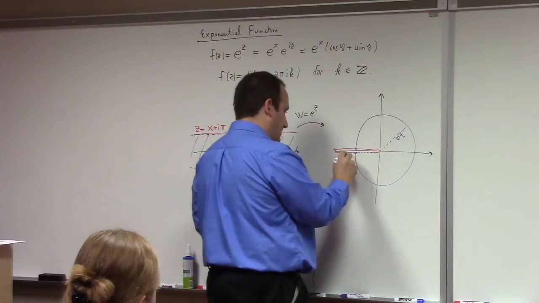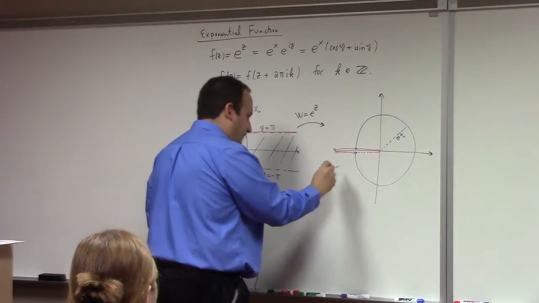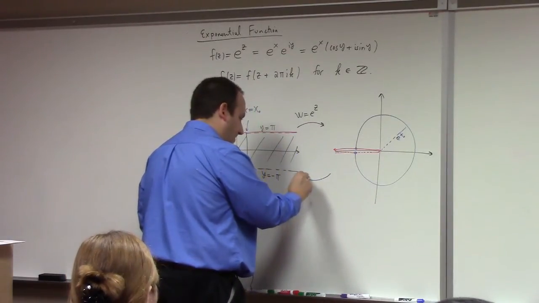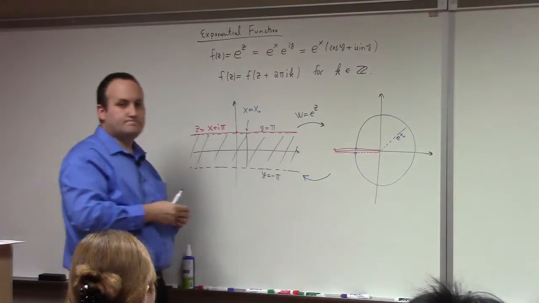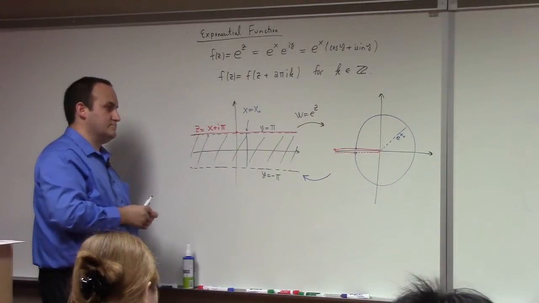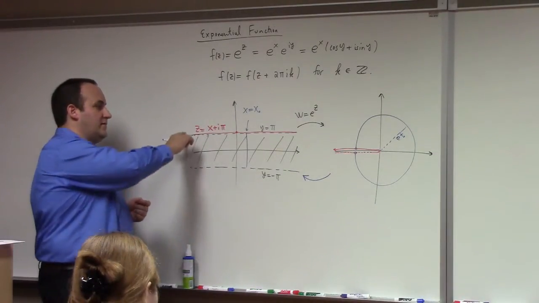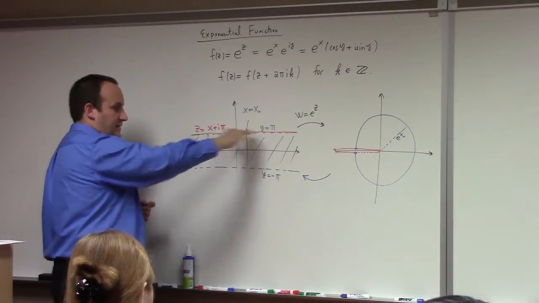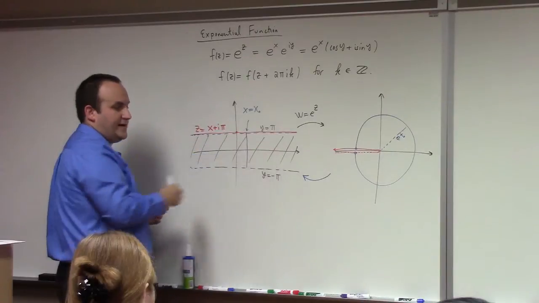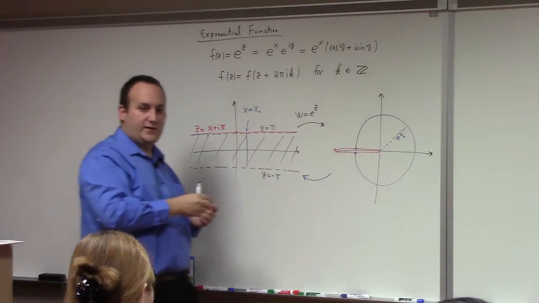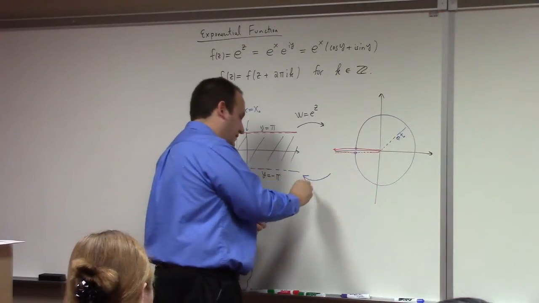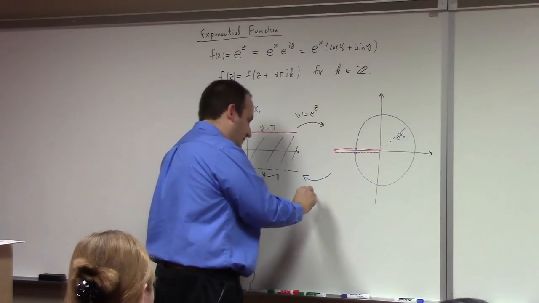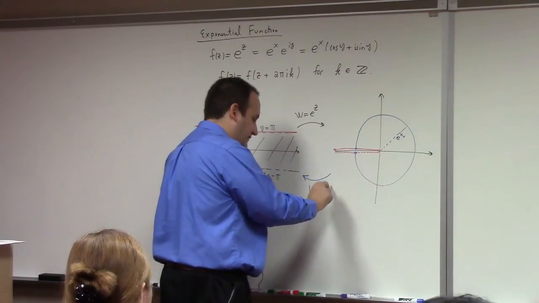So okay, the inverse map is what? As long as I throw out one or both of these horizontal lines at plus or minus pi, we don't ever hit any point twice. As it turns out, the inverse map is capital log of W. This is the principal logarithm.